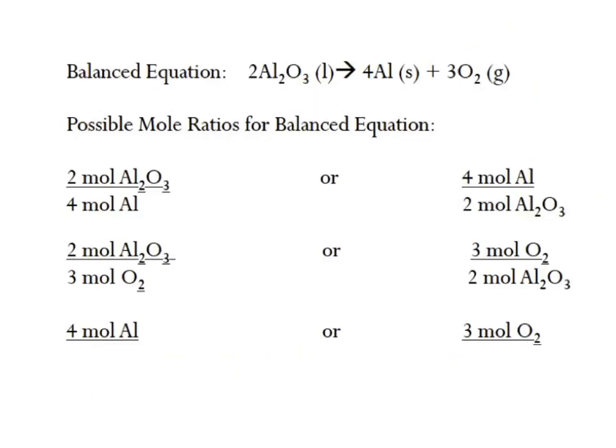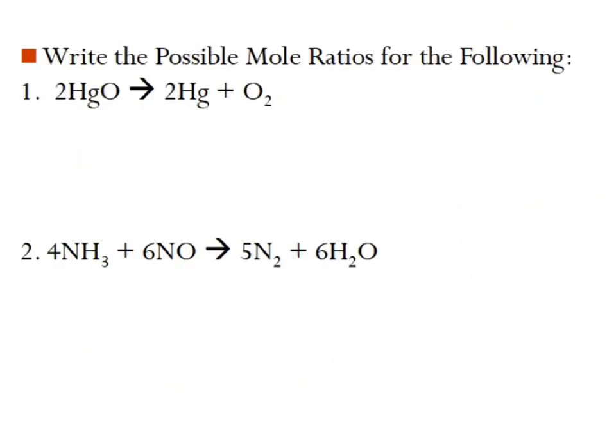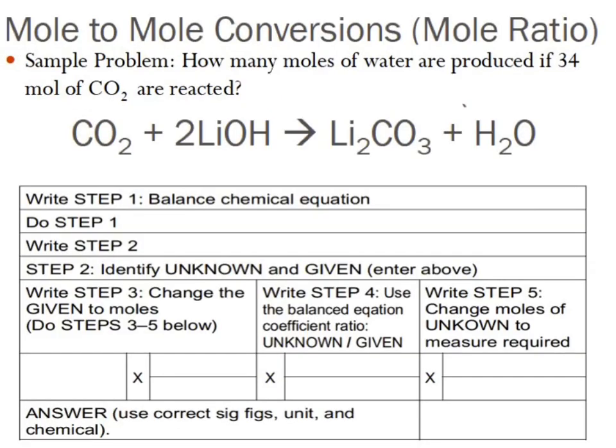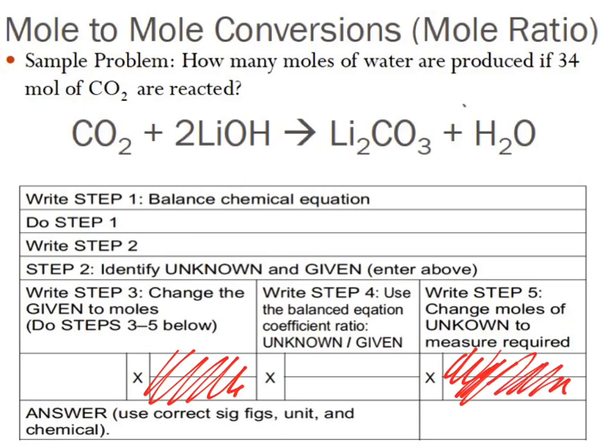Okay, so this next problem that I have here, I'm just going to skip that. I have a little setup here, step by step, telling you what you need to do. When you're working these problems out, it is there for you to look at. The only thing I want to do right now is we are eliminating some steps, so we're going to eliminate this step here and this step here for today.